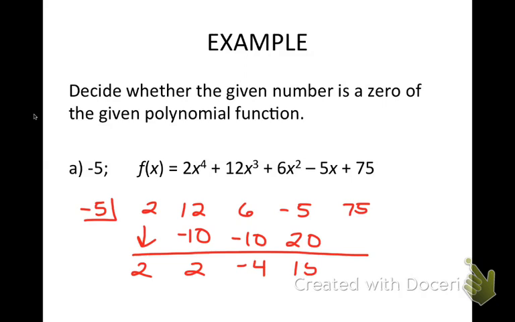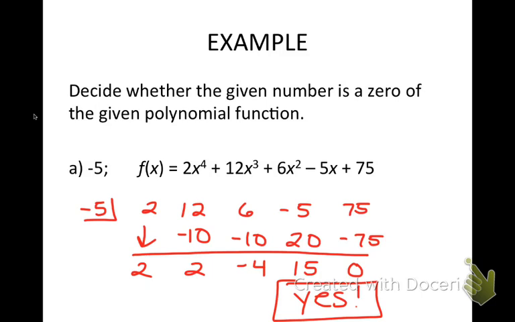Adding gets me 15. And then negative 5 times 15 gets me negative 75. Right? Yep. So that gets me a remainder of 0. So is negative 5 a 0 of the given polynomial? Yes. So we would say yes, it is, because my remainder was 0.